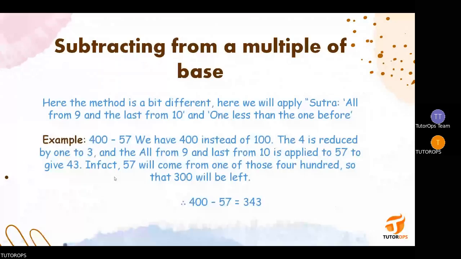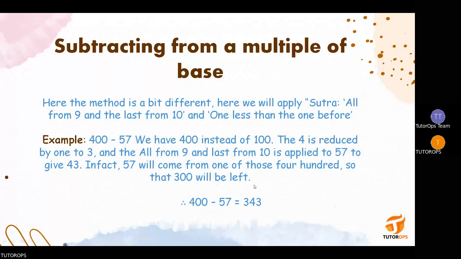We know that, because say if we assume it as 100, then it will give us 100 minus 57, 43 in this way. But if we assume it as 100, I am repeatedly saying, we need to reduce the 4 to 3, because 57 will come from one of those 400. So that 300.